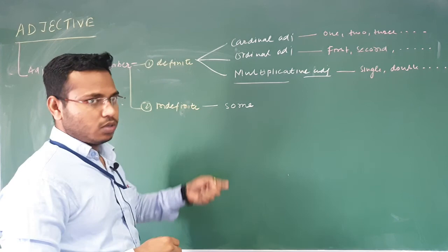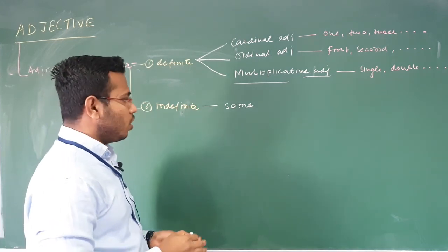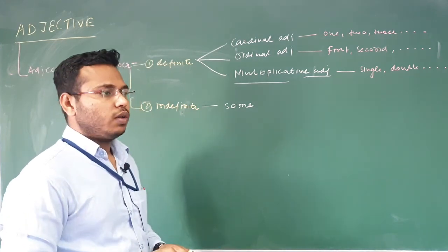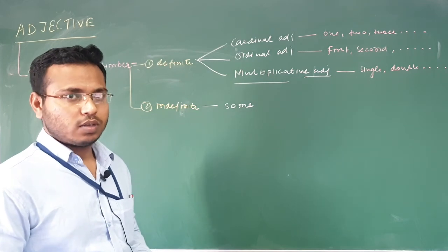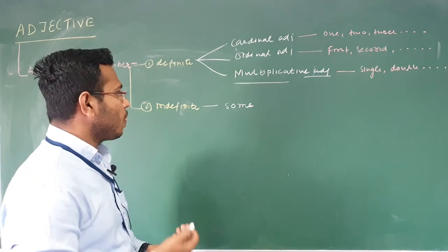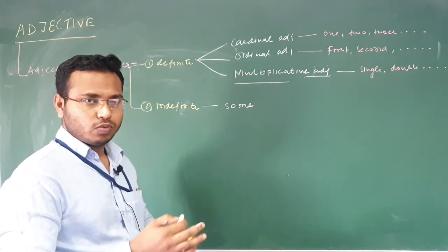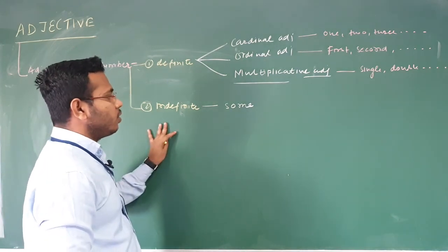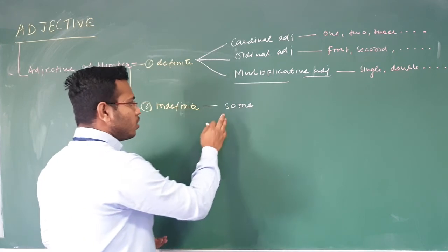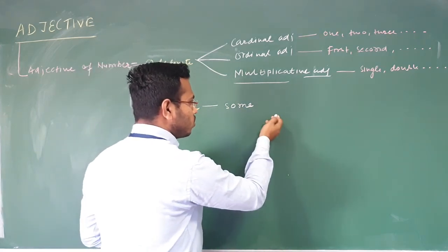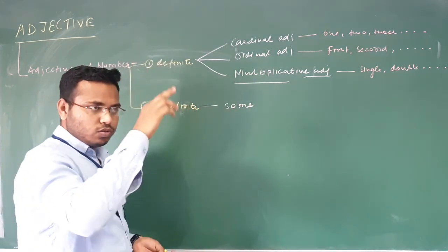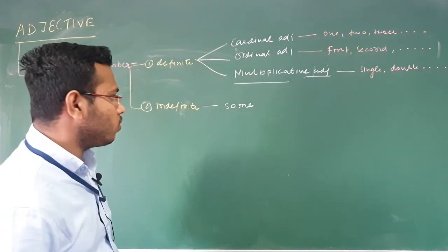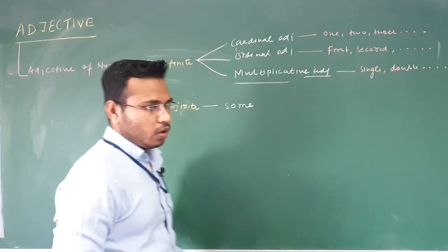Some is an adjective which can take a plural countable noun, and at the same time it can take an uncountable noun, which acts as singular in number. So in the indefinite category we have some students, and students is a plural countable noun.